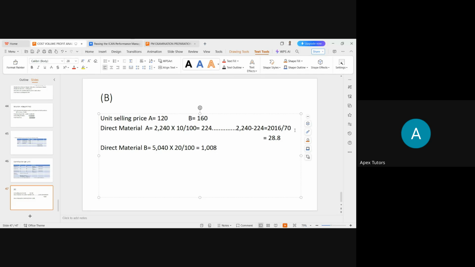The reduction will now be 5,040 minus 1008. I'm just taking my time to show this. If not, I could have just skipped it, but in order not to have too many questions. So we have it as 4032, divided by the total unit produced for B, which is 140,000. So once you divide, you're going to have what?